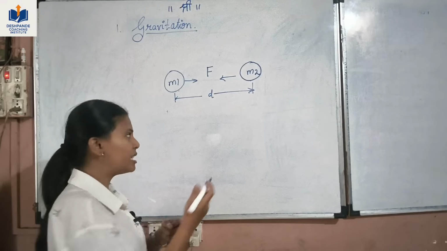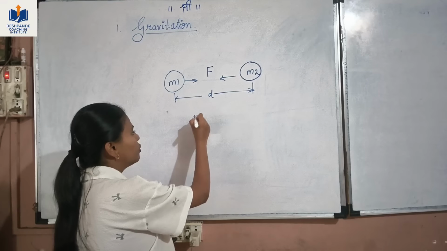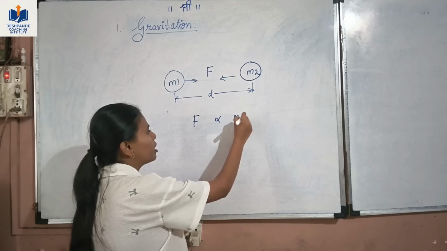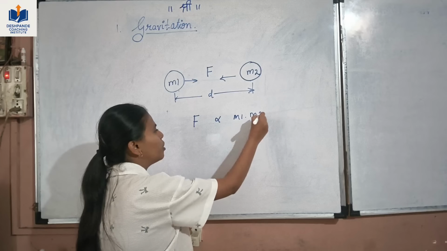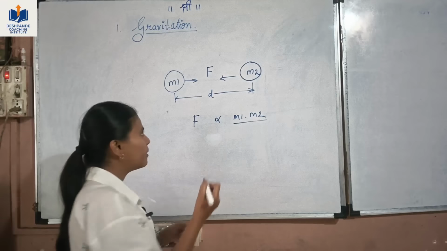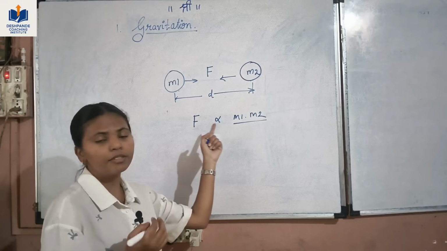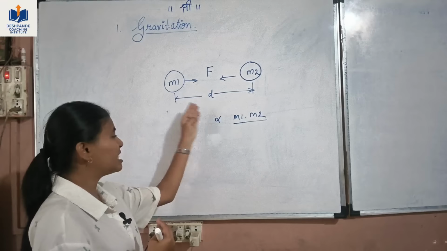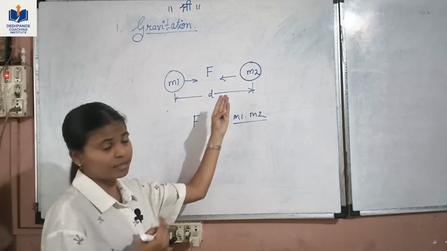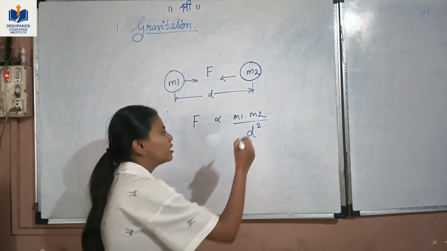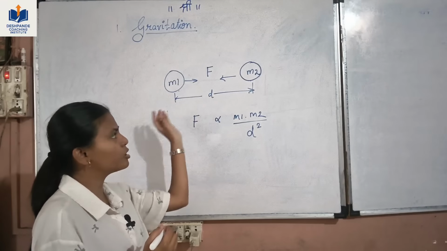d. Newton has stated that the force is directly proportional to the product of the masses of the two objects. Directly proportional means it increases. So the force increases with the masses, and it is inversely proportional to the distance square between these two objects.